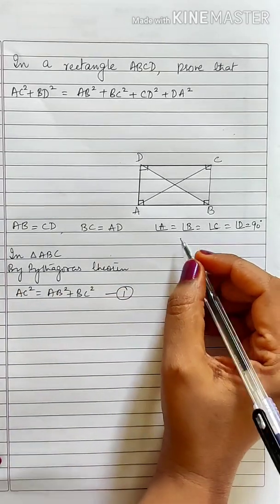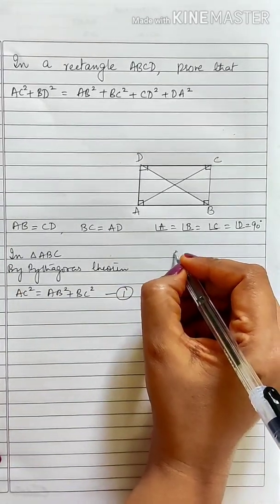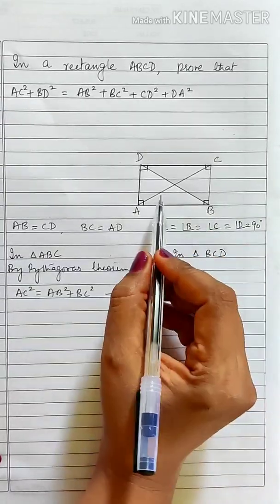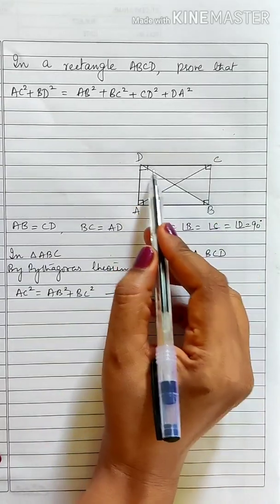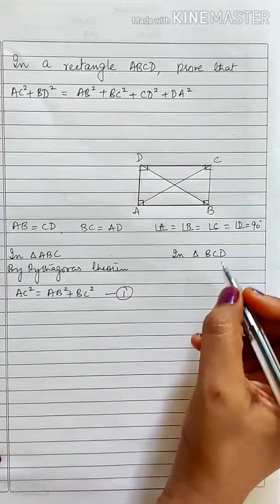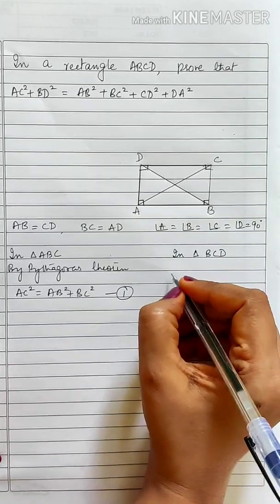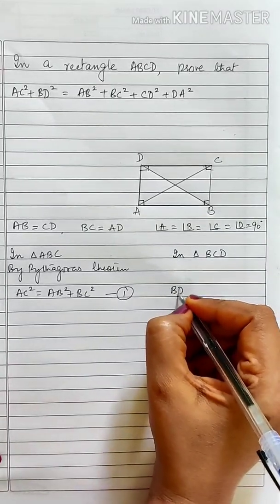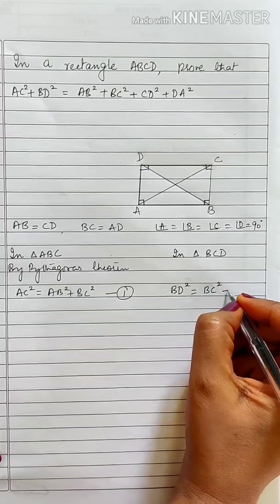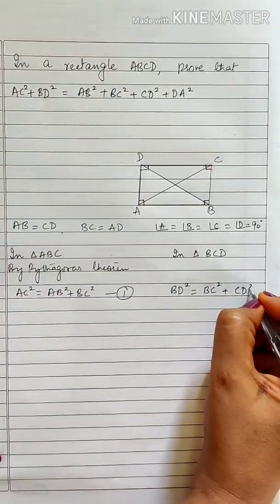Now, the next triangle we take here is triangle BCD. If you see triangle BCD, this is also a right angle triangle, right angled at C. So, in this case, you will get BD square is equal to BC square plus CD square.